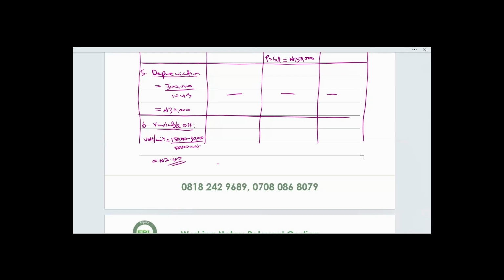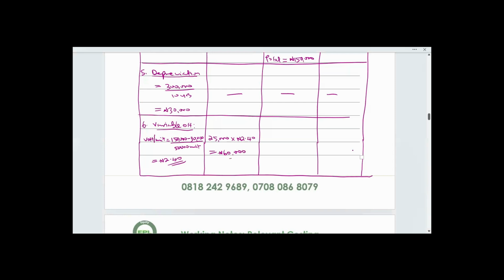So now that I have the variable overhead per unit, I can go ahead to determine the total variable overhead for option 1 and 2. I will then come here. I want to produce 25,000 units. So I will say 25,000 multiplied by 2 naira 40 kobo equal 60,000.